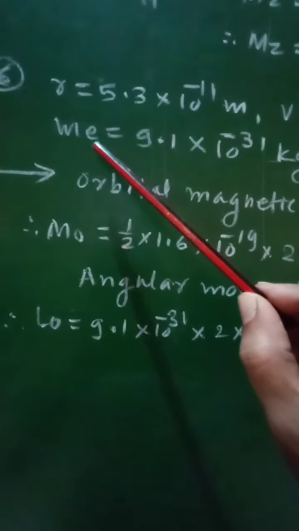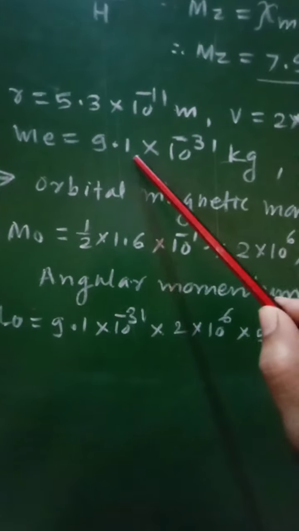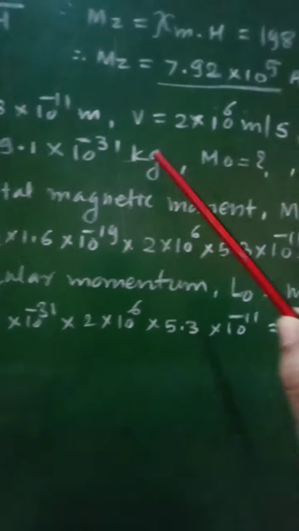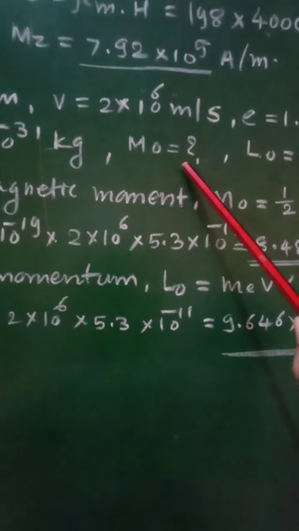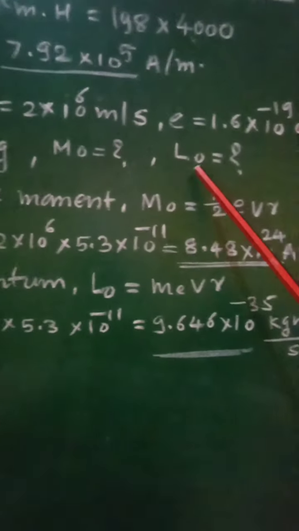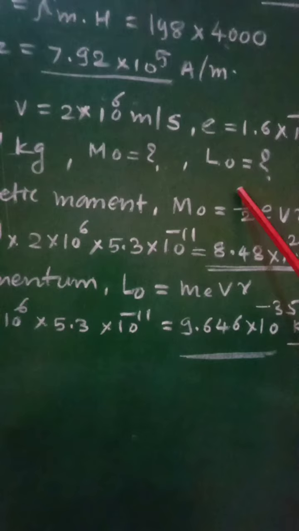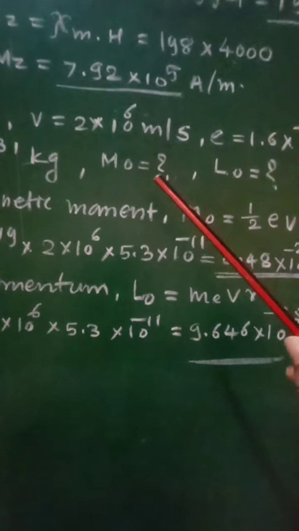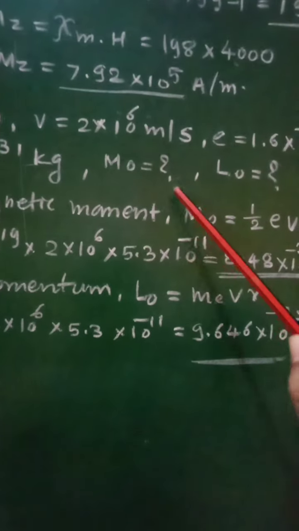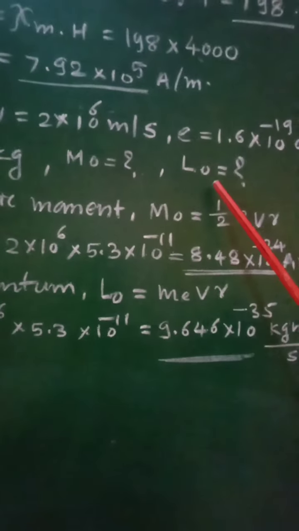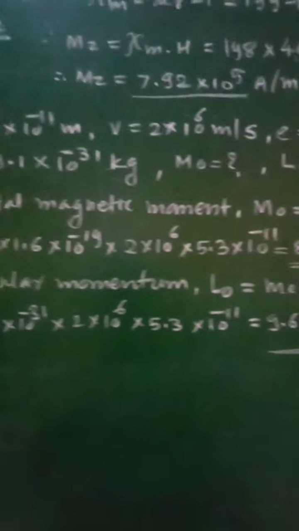Then mass of the electron me equal to 9.1 into 10 raised to minus 31 kilogram. We have to find out M0 and L0, that is orbital magnetic moment M0 and the angular momentum of the electron L0.